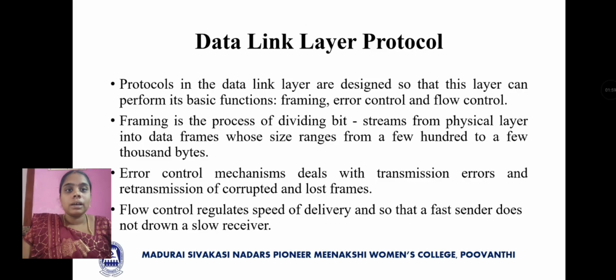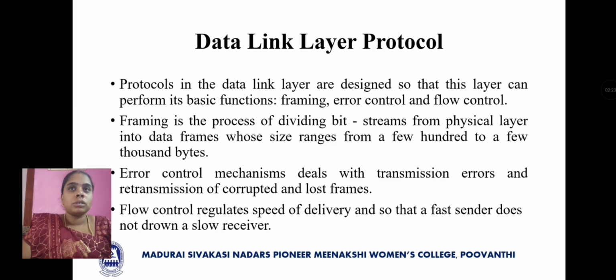This makes the entire data transmission easier, because the packets from the network layer will be split up into small chunks of data frames, and then shared with the physical layer as bits or bytes of data.